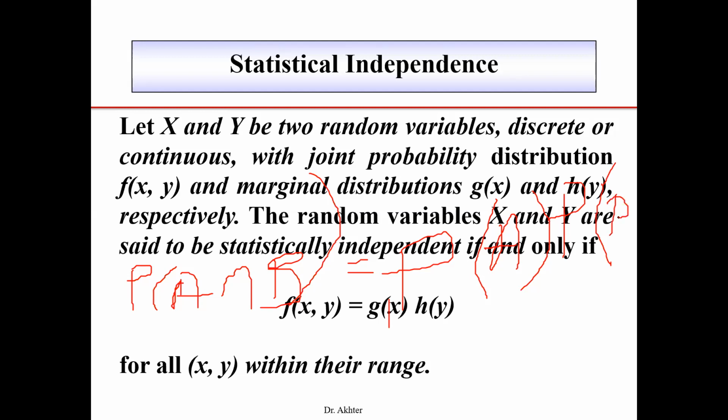So this law is not a new law for you. This was described in the previous lecture as well.